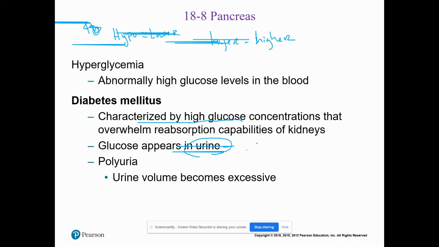But polyuria, excessive urine volume, is also a thing that characterizes diabetes mellitus.